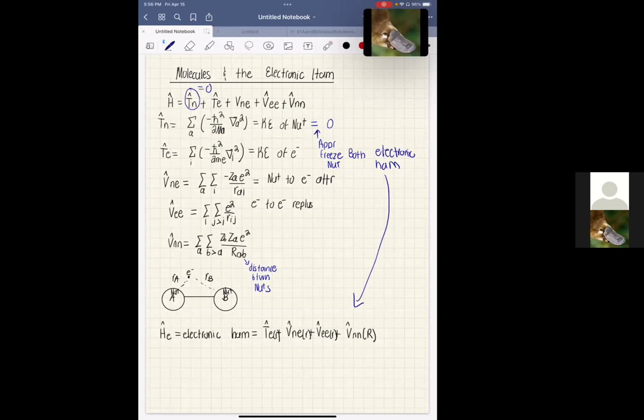This is the kinetic energy of both of the nuclei, which are this one and this one. Since there are two nuclei here, it'll be 2 terms. We also have the kinetic energy of the electrons, depending on how many electrons are here. If we have 1 electron, this would just be one term.